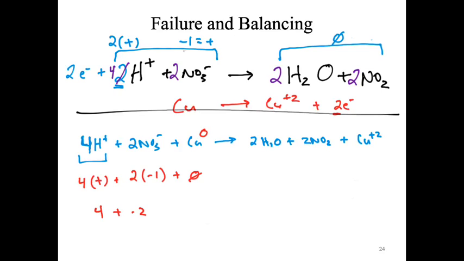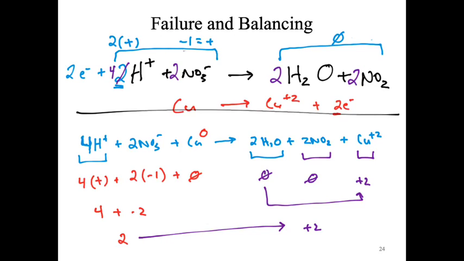What is 4 minus 2? 2. Take a look at the product side. Charge from our water? 0. Charge from our NO2? 0. Charge from our copper? +2. We add all of those terms together and we get +2. Does +2 equal +2? Yes. Is it balanced?